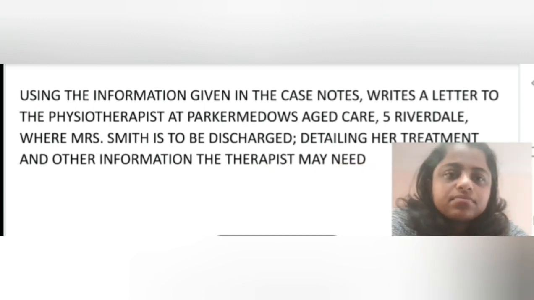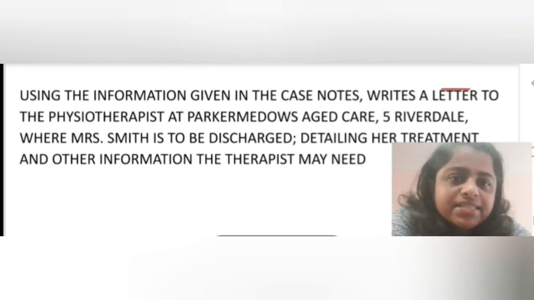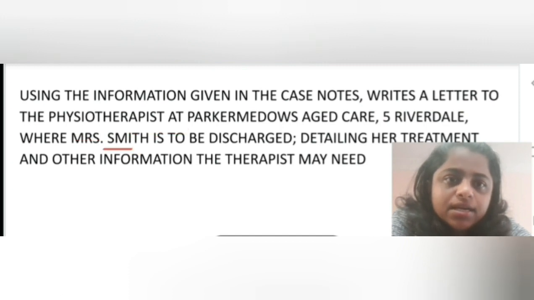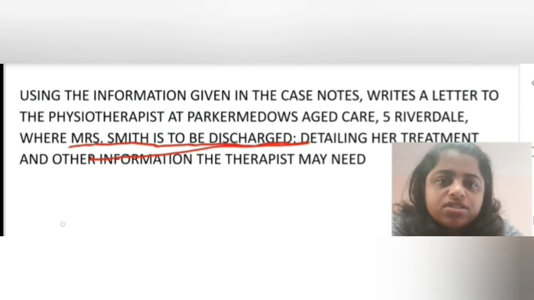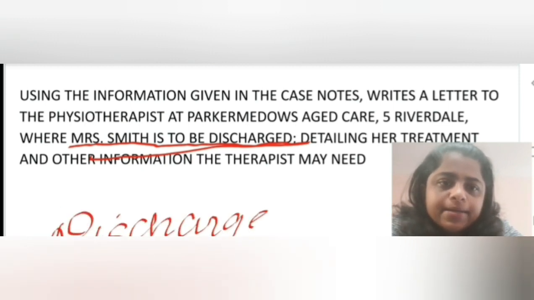So here you are writing to the physiotherapist where Mrs. Smith is to be discharged. Okay, so she is going there and she is going to get discharged, so this has to be a discharge letter. To be discharged indicates that it is a discharge letter.